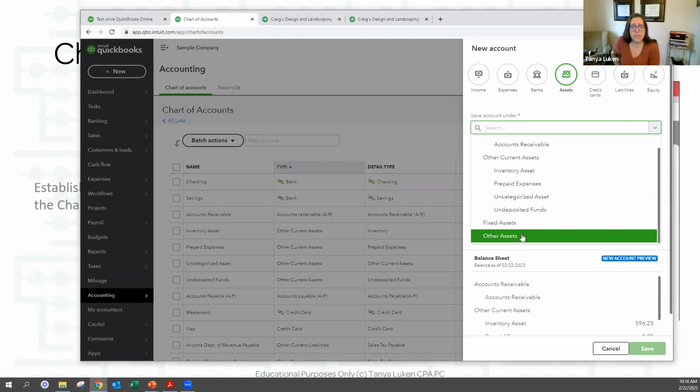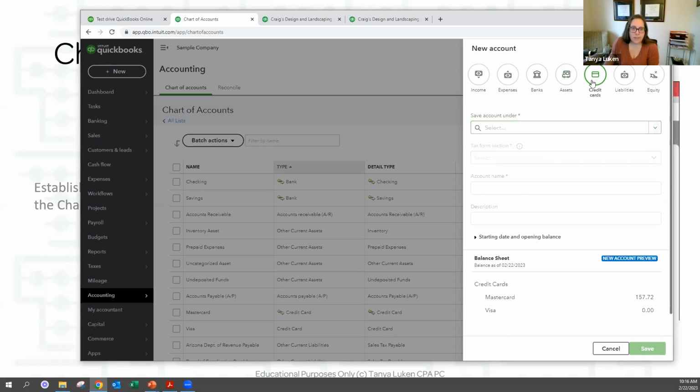Other assets are usually intangible things, so things you can't touch. Like if you bought a business, for example, you would probably have some kind of intangible asset for the customer list or the intellectual property that you purchased.